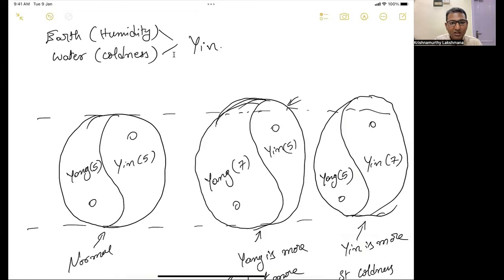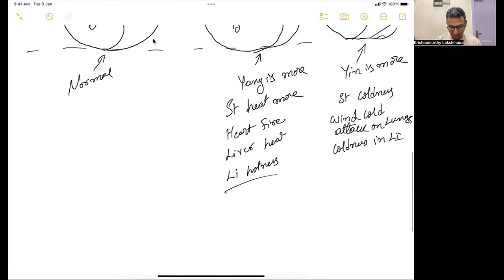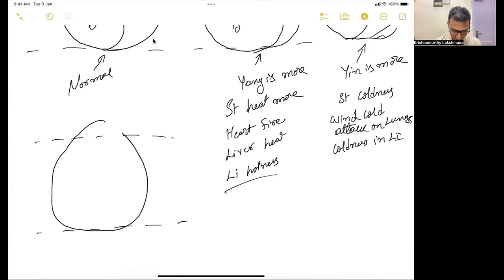Somebody asked a question about qi excess. Only in the small intestine, I think, we have this situation, where let's say yang is 6 and yin is also 6.